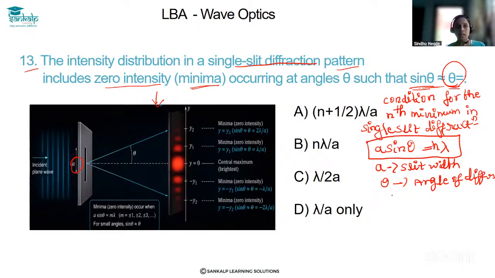And then n is an integer, let us take it as plus or minus 1, plus or minus 2 and so on. And lambda indicates the wavelength of light.